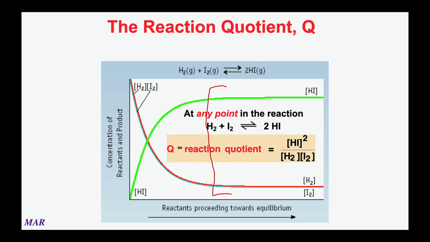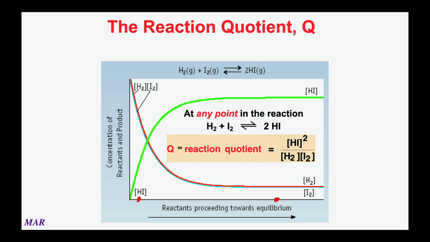Reactants and products are still stabilizing. So let's say you didn't know where you were in this graph, all right? You could be anywhere along the x-axis. If you were over here, then you wouldn't be at equilibrium. But if you'd allowed the reaction to progress to over here, then you would be at equilibrium.